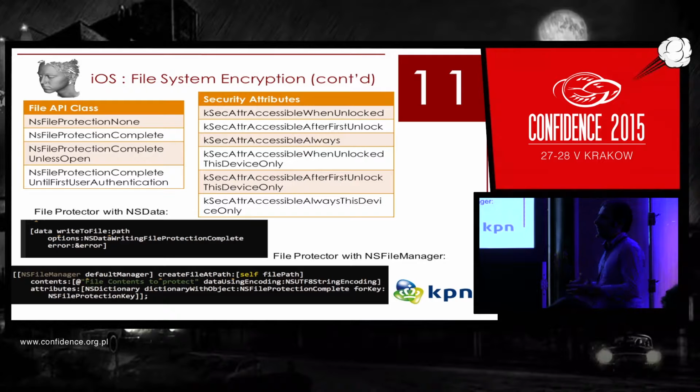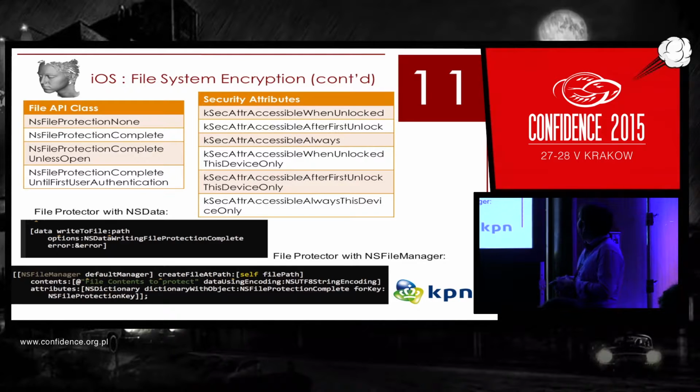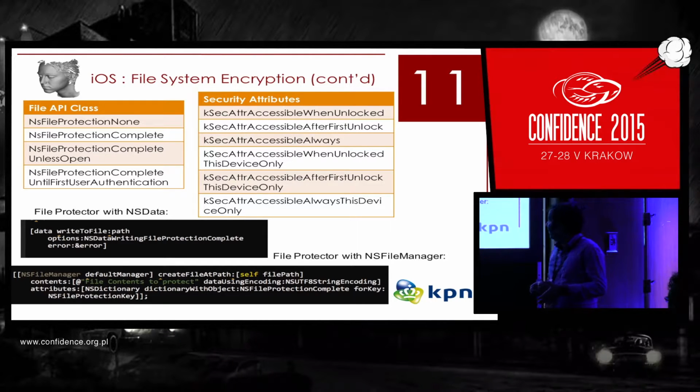For example, when you want to allow writing to a file, you can define that this operation can be done only once the device is unlocked, or you can simply allow a file to be written always or read always. And this can be achieved with either an NSData call or the NSFileManager.